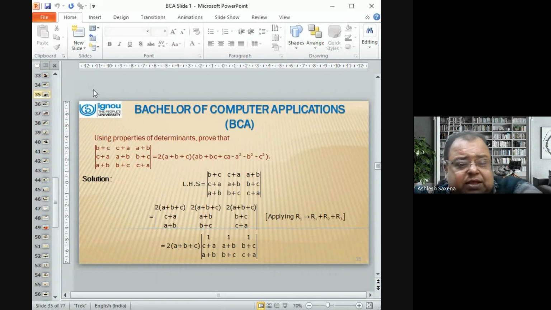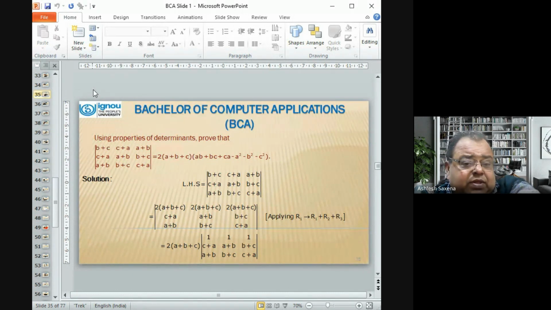First of all, we have to operate either a row or a column, one thing at a time. If I do row 1 tends to row 1 plus row 2 plus row 3, what am I going to get? I will be getting 2a plus 2b plus 2c throughout the row, and I can take 2 common.